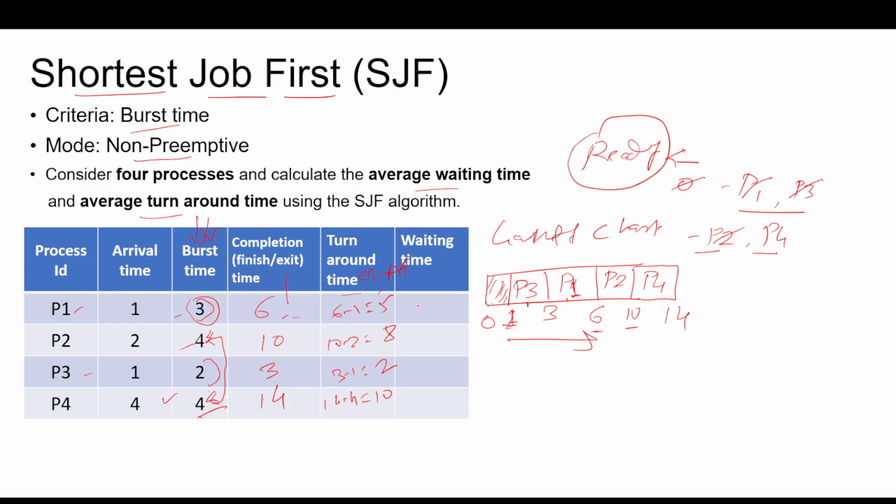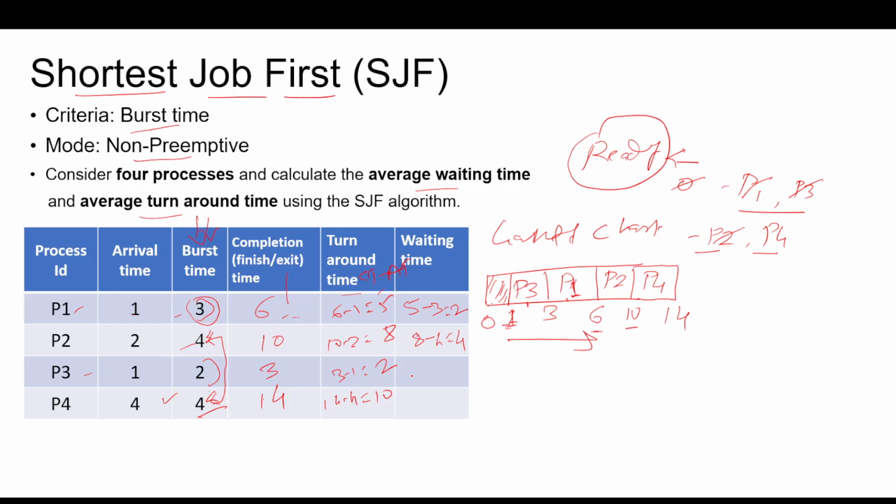What is the waiting timing? Waiting timing is nothing but the turnaround timing minus burst timing. For P1, turnaround timing is 5 minus burst timing 3, so waiting timing is 2. For P2, turnaround timing is 8 minus burst timing 4, so waiting timing is 4.